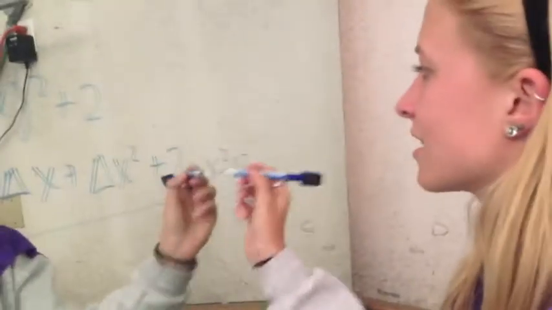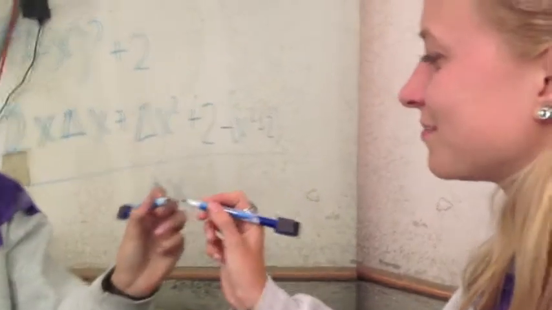Is that in parentheses or not? Yeah, it is. See, children, that's a common mistake that you might make, so make sure parentheses are a must. All over delta x. Perfect.